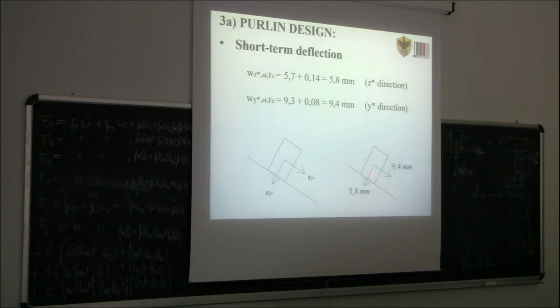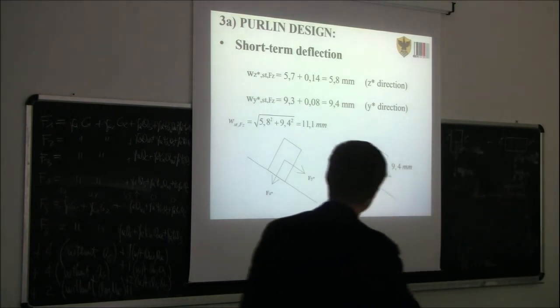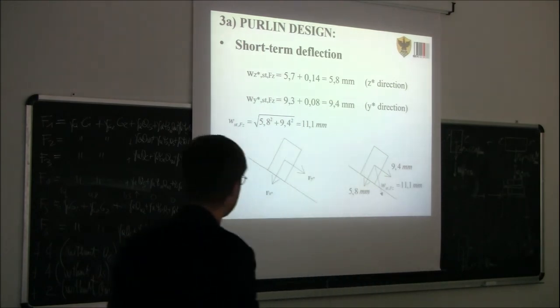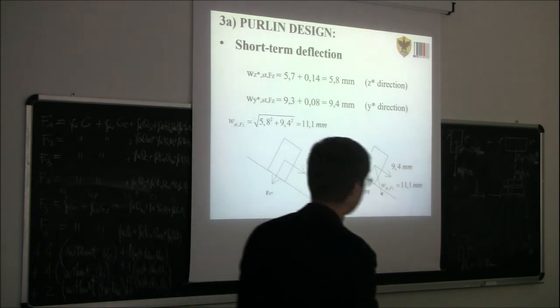Because in fact, you can see a larger value in this direction here. And then, of course, in order to find the total deflection, you cannot sum those two values because they are in perpendicular planes. So you need to sum them as vectors. So use Pythagoras here. And we found that the total deflection here, in the short term, is 11.1 millimeter.